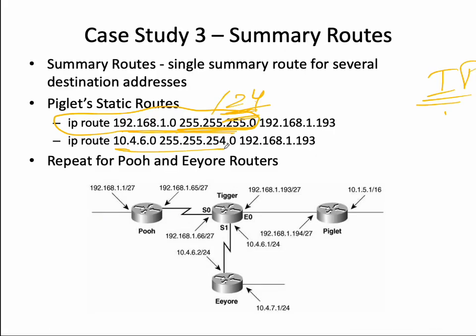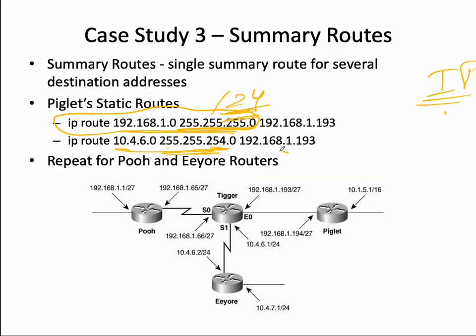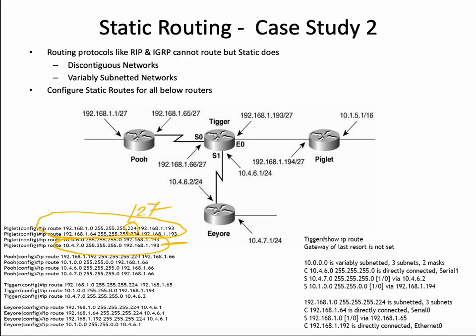And in a similar way we summarize this one. Now you see 255.255.254.0. This is your subnet mask. And here, right, basically 4 entries. You see here, initially we did the 4 entries.